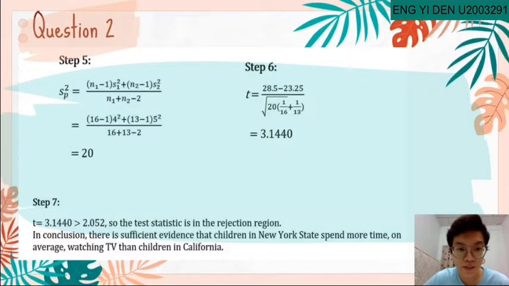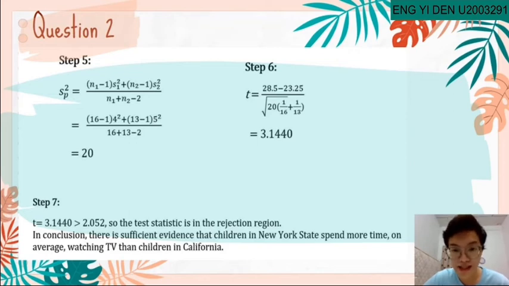Going to step 5, we have to find the pooled variance, where the formula is (n1 minus 1) times variance 1 plus (n2 minus 1) times variance 2, over n1 plus n2 minus 2. We substitute the numbers and the final answer will be 20, and 20 will be our pooled variance.